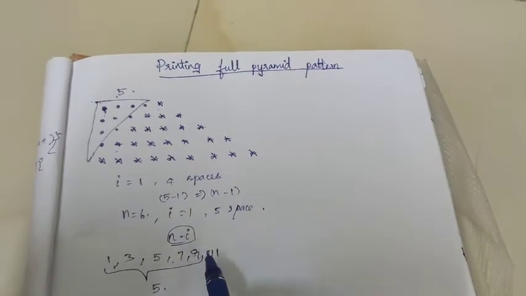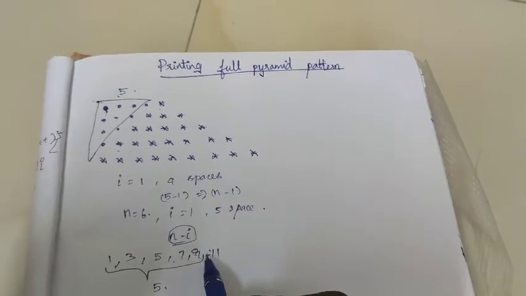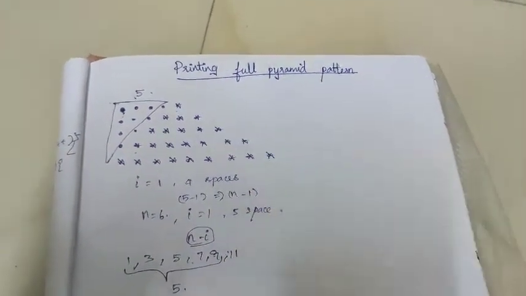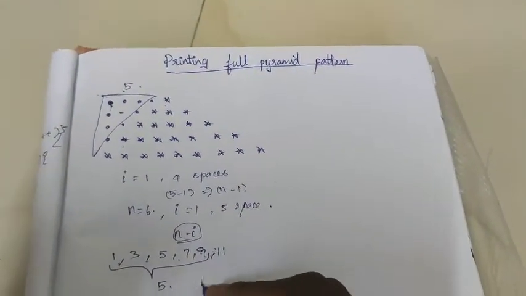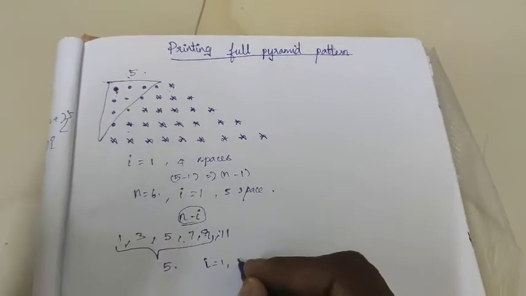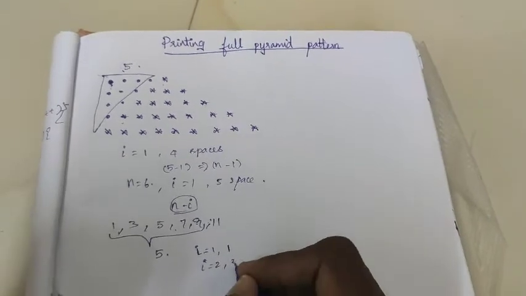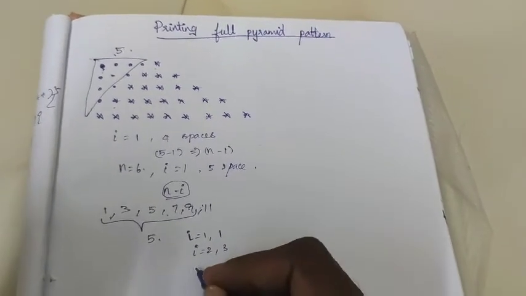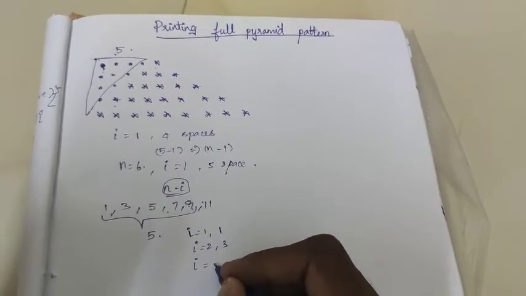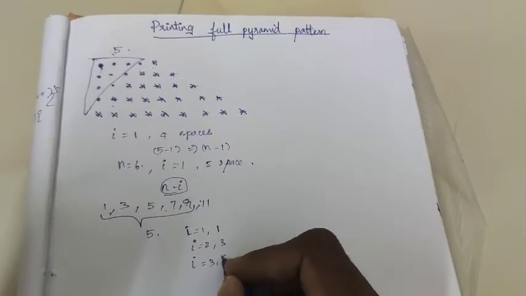Okay, so what I can find is, let us assume when i is equal to 1, I get 1 star. When i equals 2, I get 3 stars, and when i equals 3, I get 5 stars.